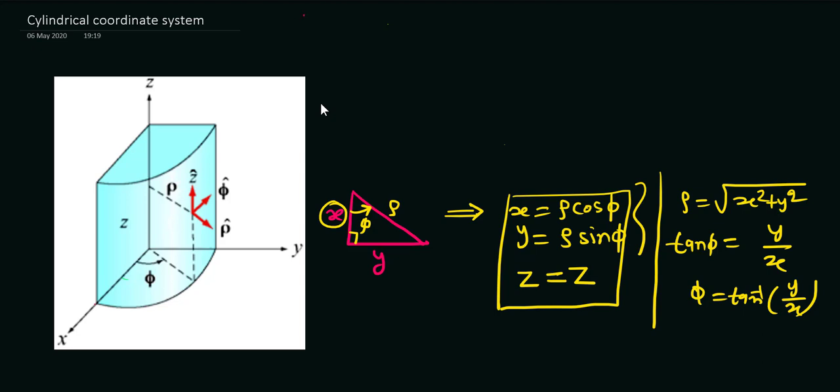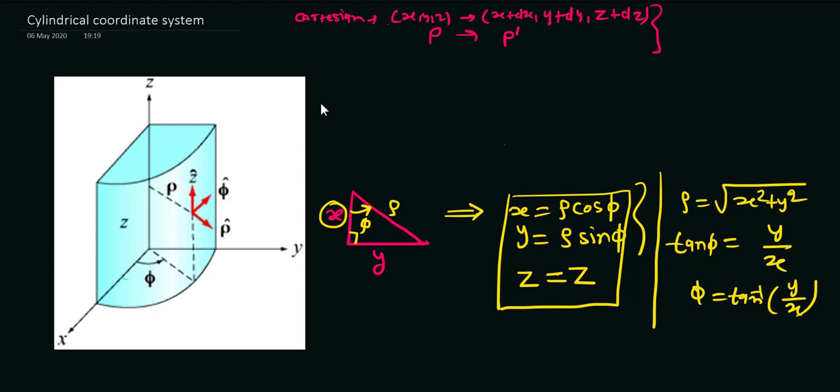In the Cartesian coordinate system, if you want to go from a point x, y, z an infinitesimally small distance in each direction, then you will land at a point x plus dx, y plus dy, and z plus dz. Let's say this is point P and you are moving this point P to P dash.